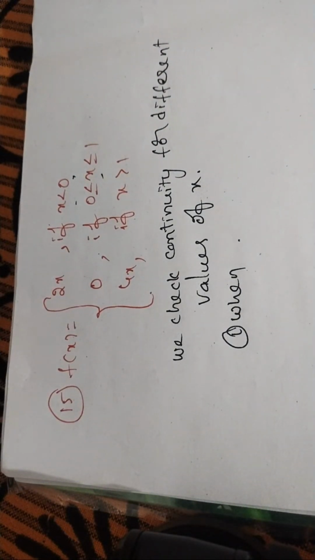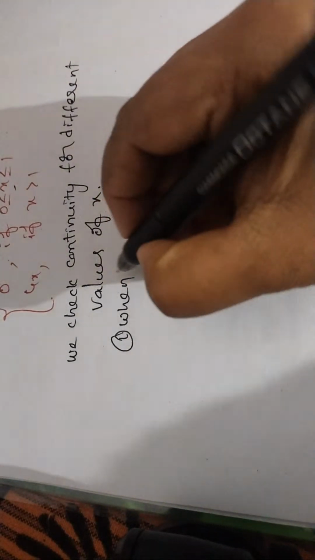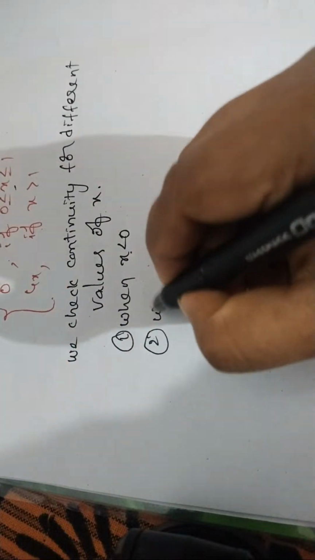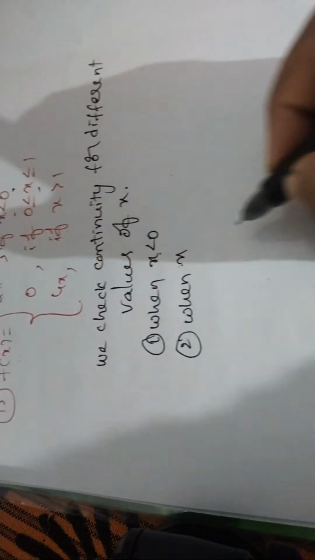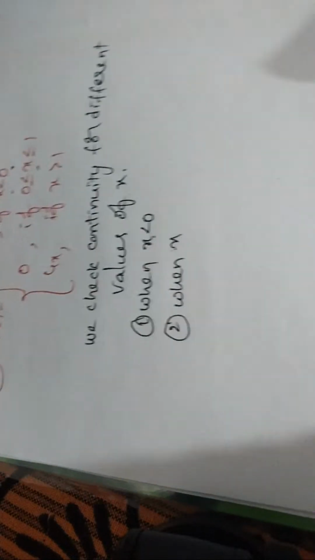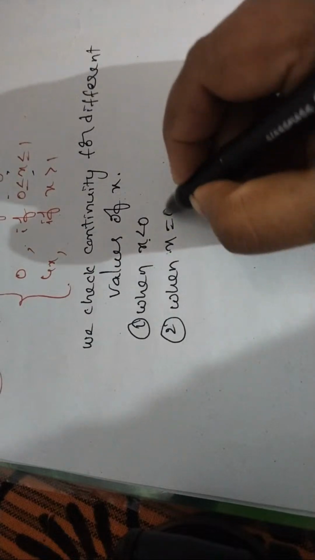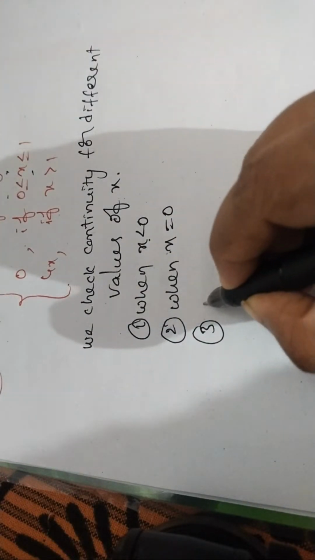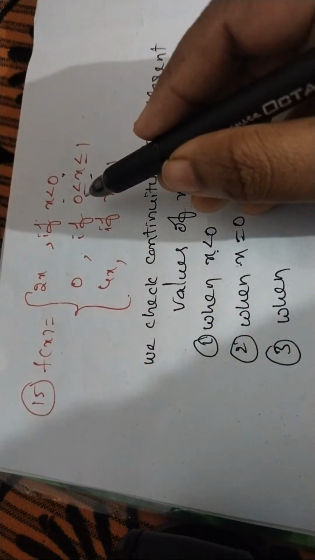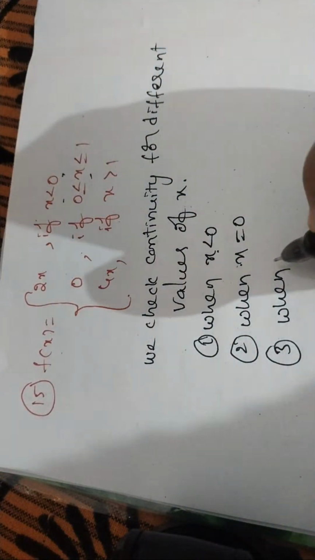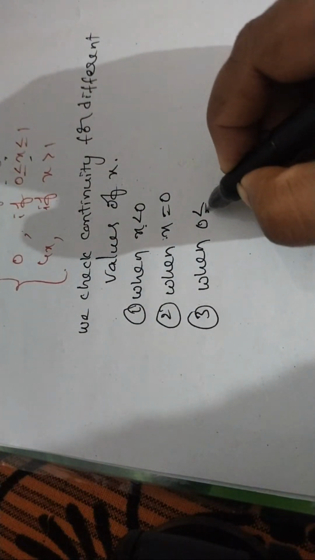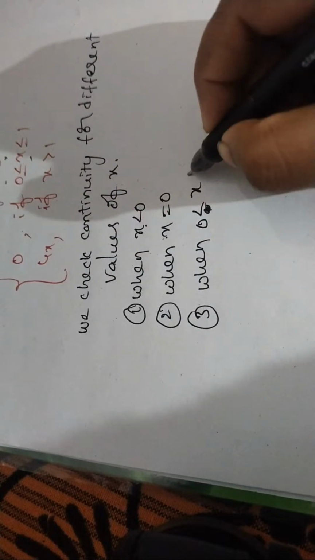First one is x less than 0. Second case, x is equal to 0, and this 0 is repeated. Third case, 0 less than x less than or equal to 1.